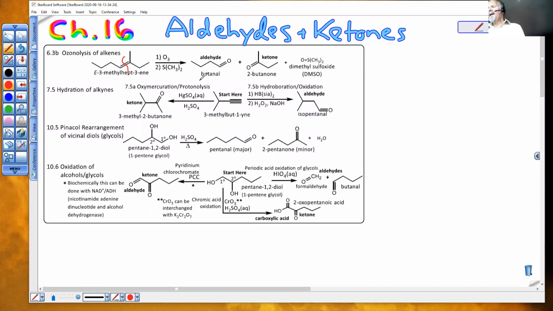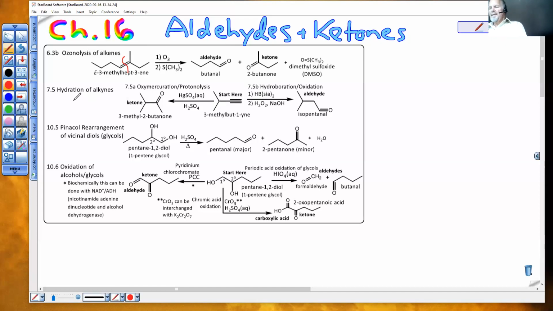And you get an aldehyde on the left because this carbon has an H. So there's an H on the carbon with the carbonyl. That's an aldehyde. The other carbon has two carbons and it's going to become a carbonyl right here. It's a ketone. So it depends on what kind of carbon you start with here. You're going to get aldehydes and ketones. And that's a way to make aldehydes and ketones.